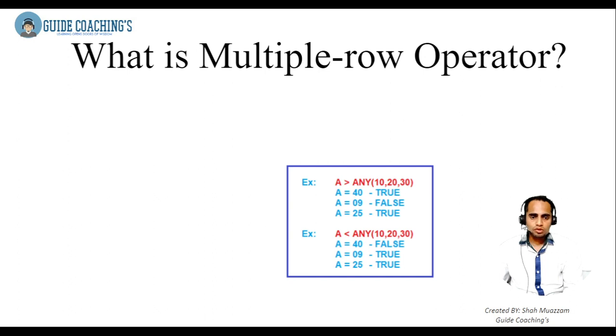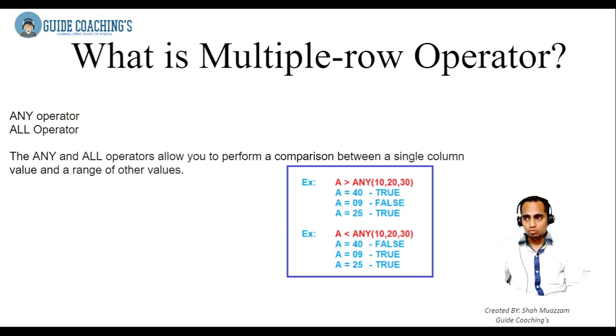Now moving on to multiple row operators, what they are and how they are used. There are three multiple row operators which I have already mentioned. The first is ANY and the second is ALL. These ANY and ALL operators basically generate boolean type results.